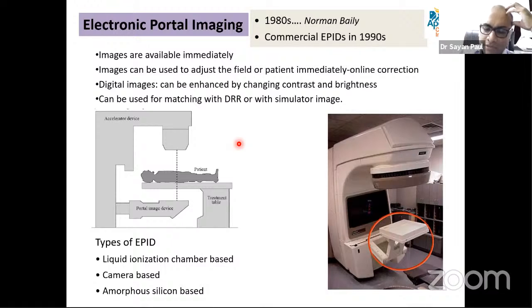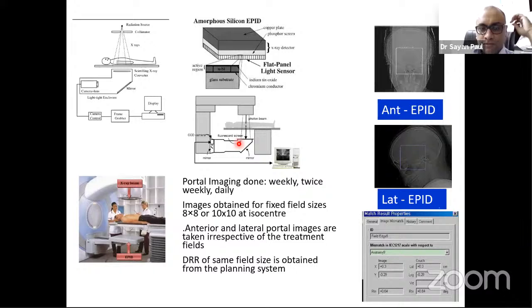There are many types of electronic portal imaging device: liquid ionization chamber, camera based, or amorphous silicon based. You have to remember that whatever your treatment field size may be, the portal image field size remains fixed. It's usually 18 by 18 or 10 by 10 at the isocenter. And we usually take anterior and lateral two films. For the first years, why do you take two films?